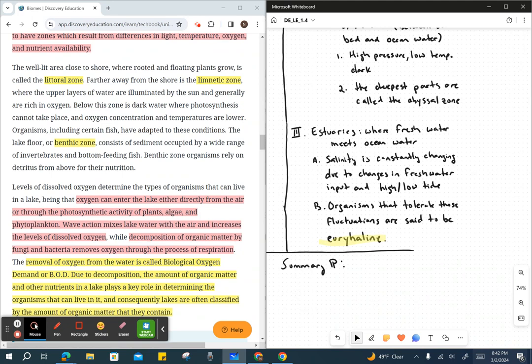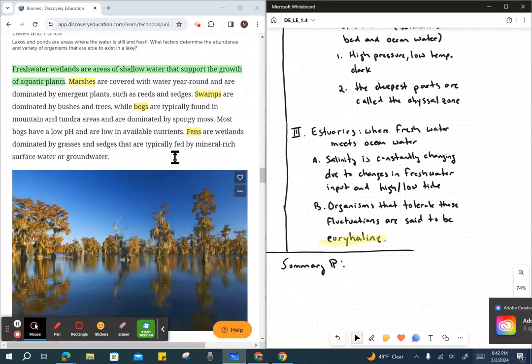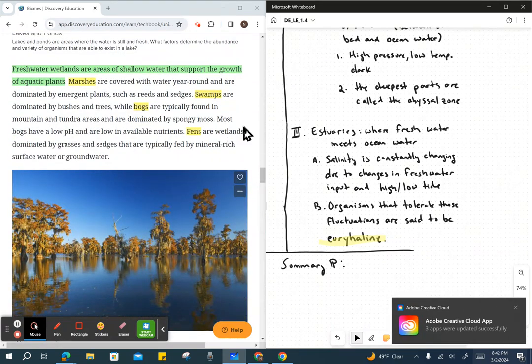So not every organism, every animal can really handle that, or every plant. Animals and plants that are adapted to these areas are called euryhaline, as you can see highlighted there. Eu meaning good, haline meaning salt.